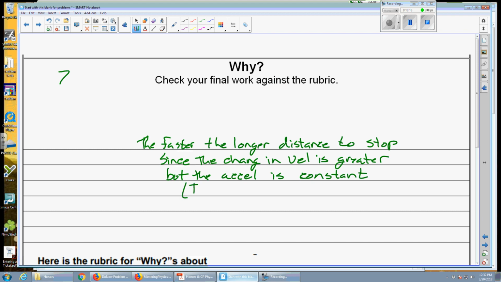And I might even add in it takes more time also.